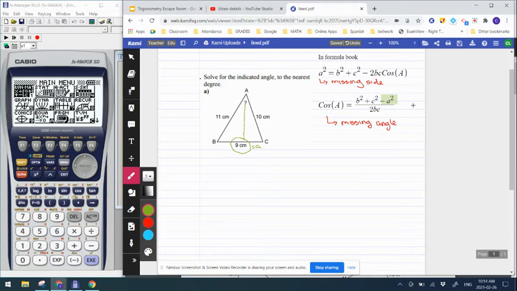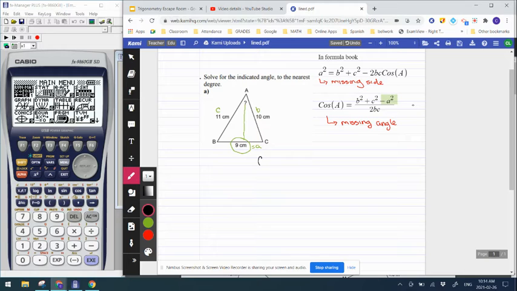B and C, because we're adding and multiplying, it doesn't necessarily matter what order we put them in. If we follow our labeling on our triangle, the side opposite angle B, we can call this one B. The side opposite angle C, we can call this one C. But again, it does not necessarily matter which one we call B and which one we call C. So once we have our triangle labeled, which you should always start with doing in trigonometry, now we're going to just put all of our information into our formula.